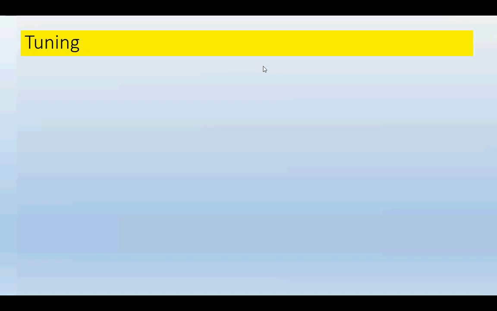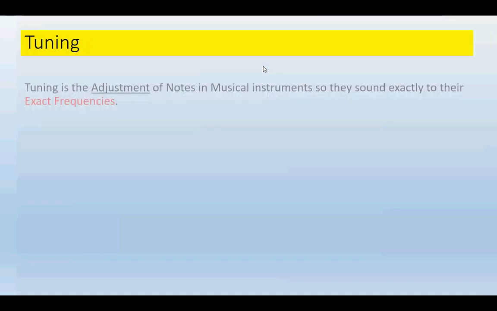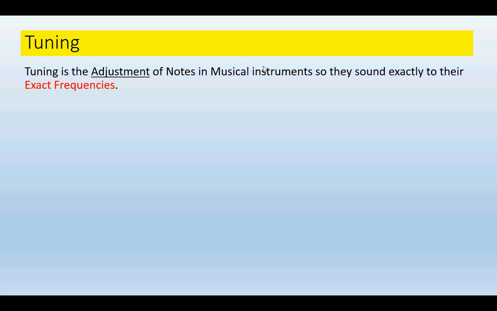So let's look at tuning. Tuning is the adjustment of notes in a musical instrument so they sound at their exact frequencies. This is very, very important. You tune an instrument so that the notes sound at their exact frequencies. Let's say C1 is about 32,500, let's say 32,505, that is the frequency of it.